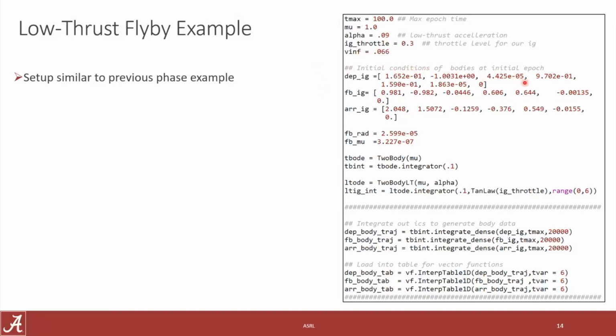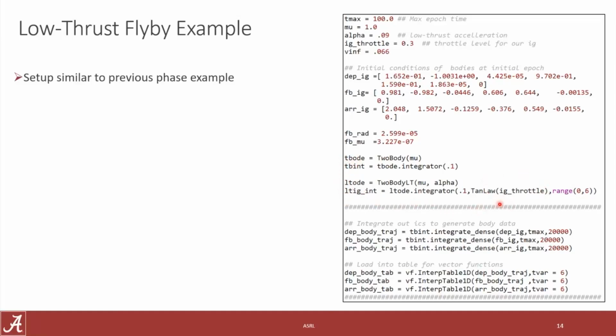We have initial conditions. Now we have 3 initial conditions: the departing body and arrival body, but also a flyby body. And we're going to instantiate the ballistic 2-body ODE and the low thrust ODE, and then get associated integrators with each of those.